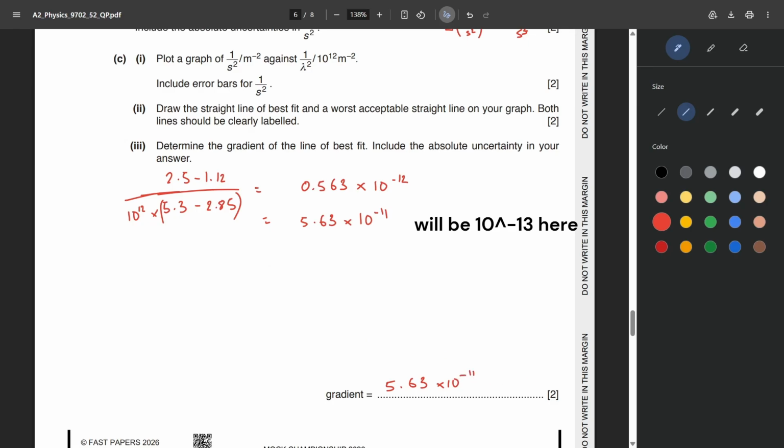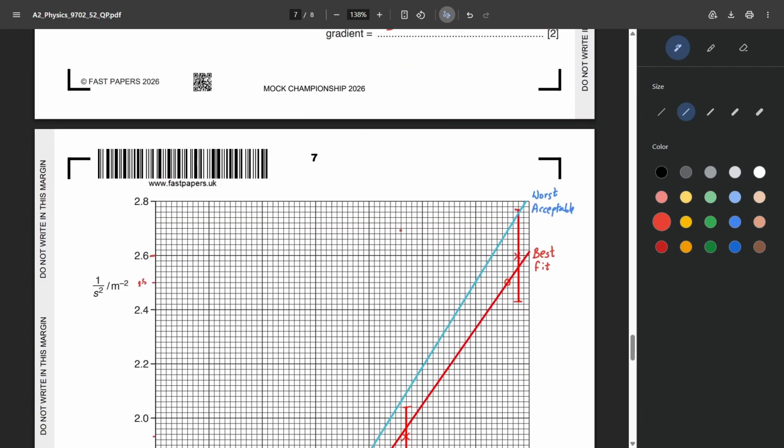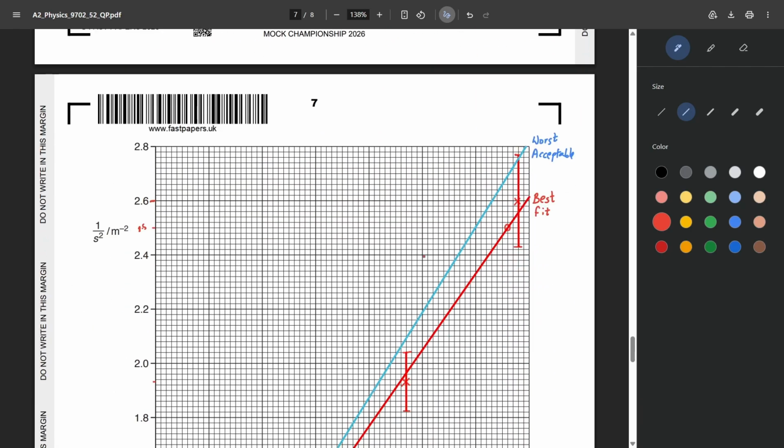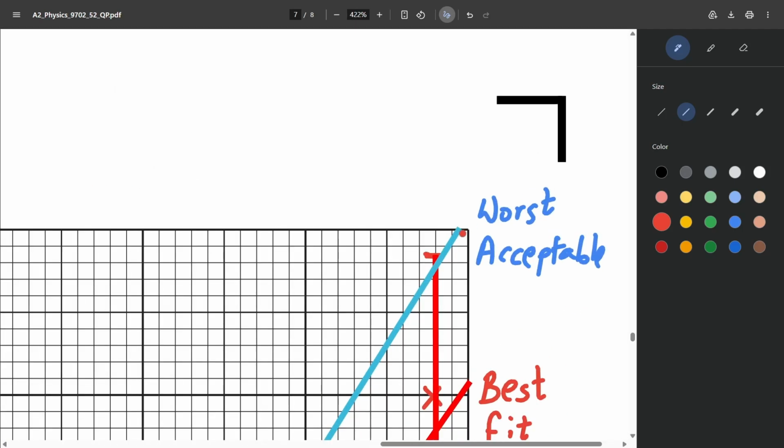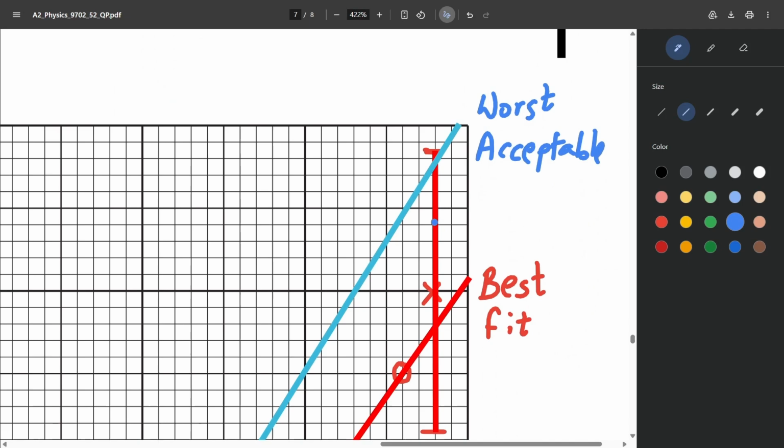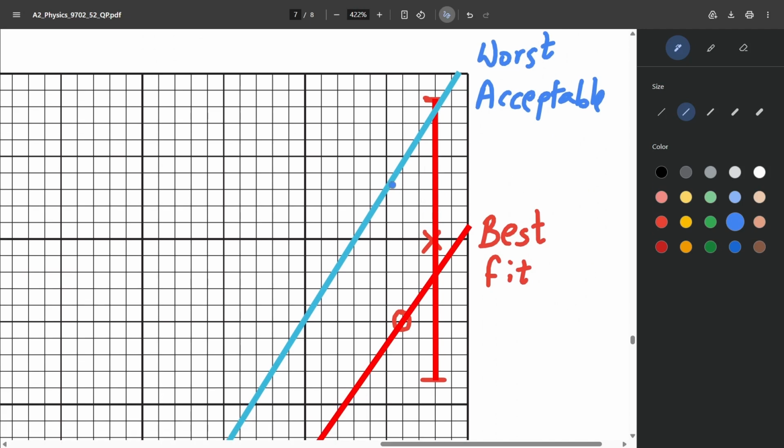Okay, now we also need to include the absolute uncertainty in our answer. The absolute uncertainty can be found by calculating the gradient of the worst acceptable line. So let's do the same for this. We need to take two coordinates. So let's take one over here.